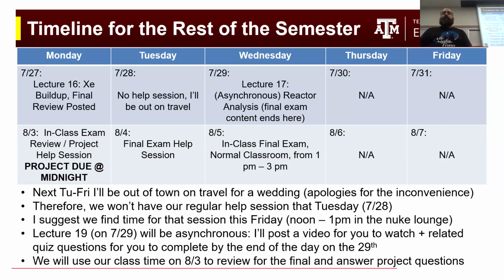I wanted to do another help session, mostly focused on the project, because the project is going to be due on the 3rd, at midnight. That was one of the things I wanted to field from y'all: if y'all had a preference on when we would do that help session.